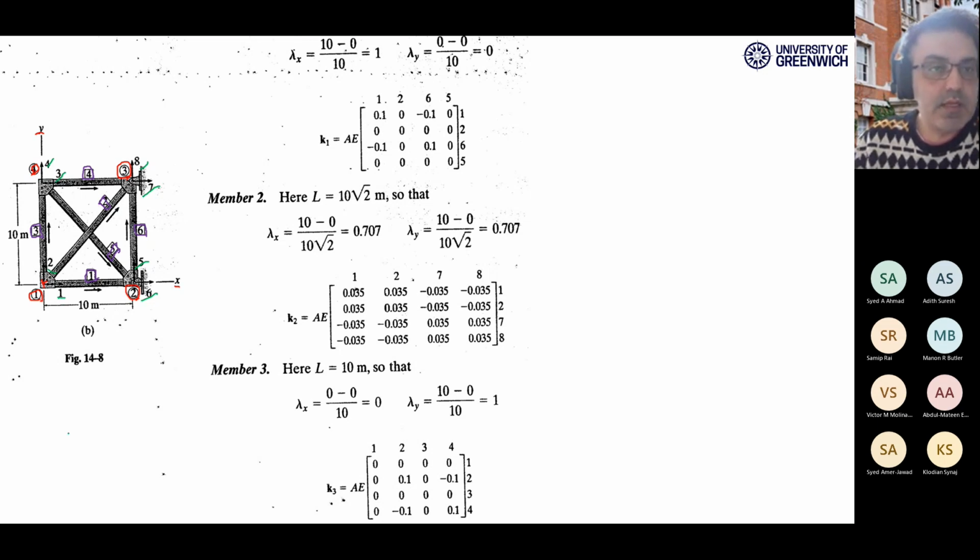For 3 and 4, you can name them delta 4x and delta 4y. For 7 and 8, delta 3x and delta 3y. And for 5 and 6, you can name them delta 2x and delta 2y.